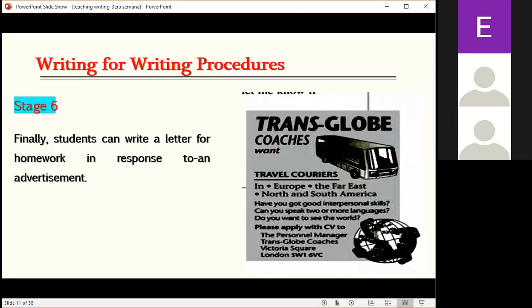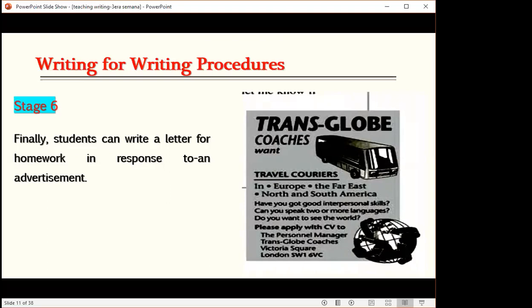Then they analyze both letters in order to recognize the different language or structures that you are going to use for each text. Remember, it's the same genre, but different register. And now they are going to write their own letter in response to an advertisement. So here you have this advertisement. So they are going to write a letter maybe as homework.